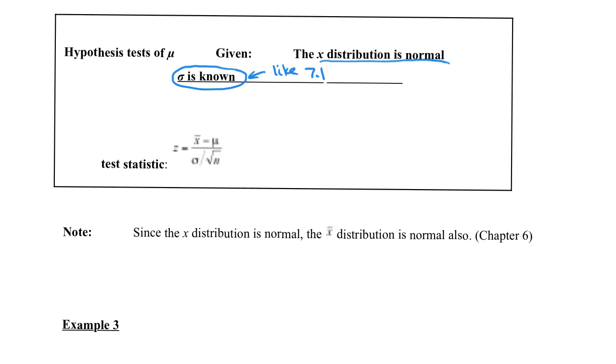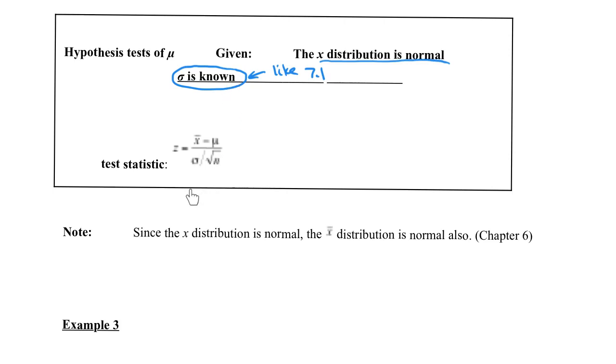We're using a hypothesis test. But in our first section, we're starting off assuming that we know sigma, but we don't know mu, which is not all that common. So just like 7.1, we are sampling from a normal distribution, and we know sigma.